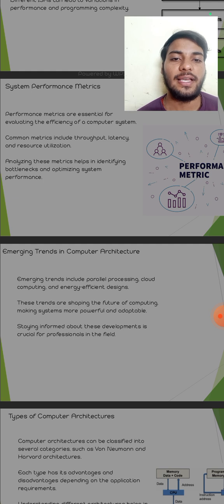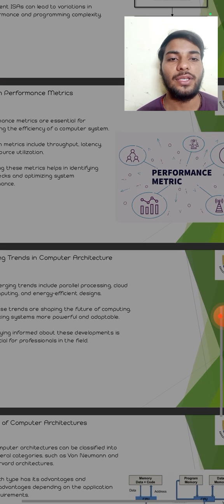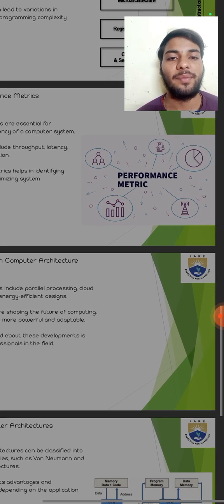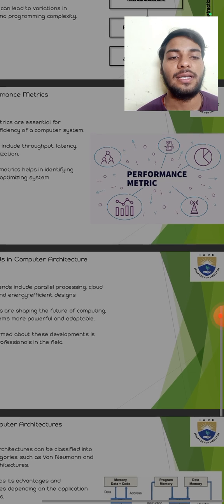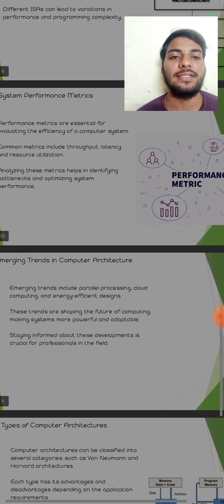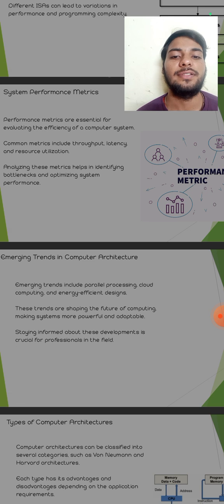Analyzing these metrics helps in identifying bottlenecks and optimizing system performance. Here in the diagram we can see the performance metrics, with different metrics by which the system performs.